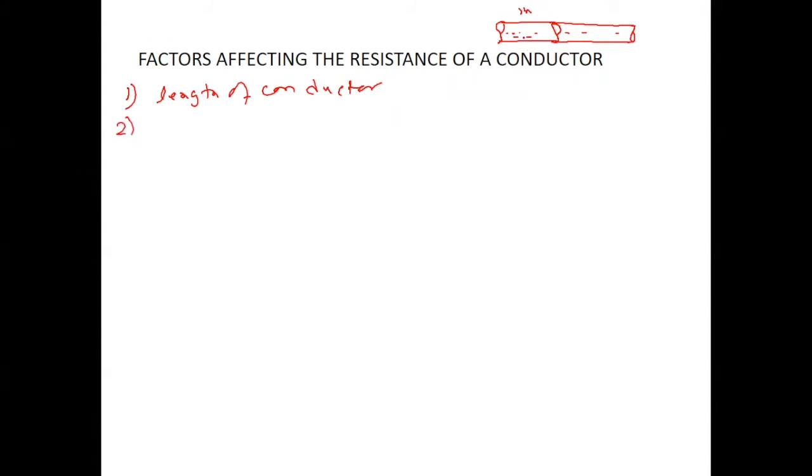Then second is the area. Area is this cross section area, like this one. If we increase it, then area is increased, so more electrons can pass. So another is the area of cross section of the conductor.